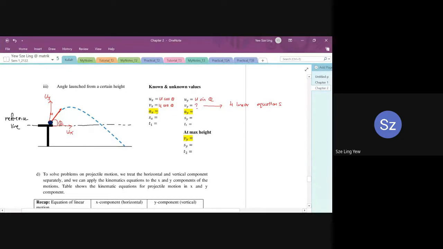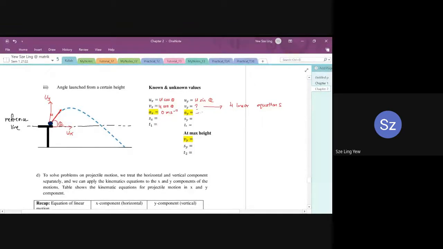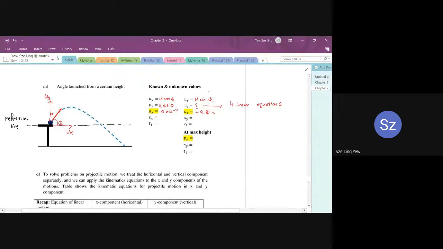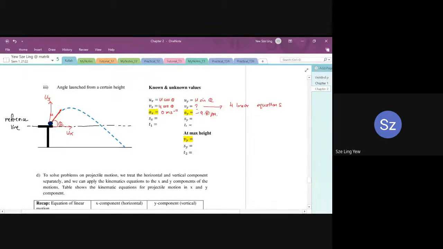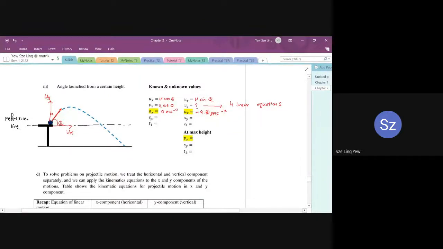And then ax and ay you don't even have to calculate, because they are fixed in projectile motion. ax is always equal to 0, and ay is always equal to negative 9.81.